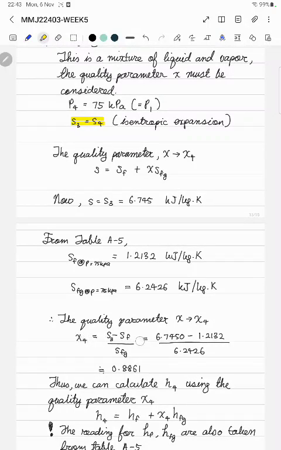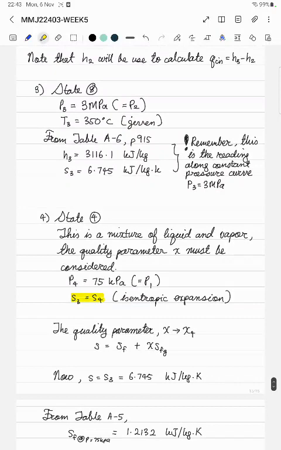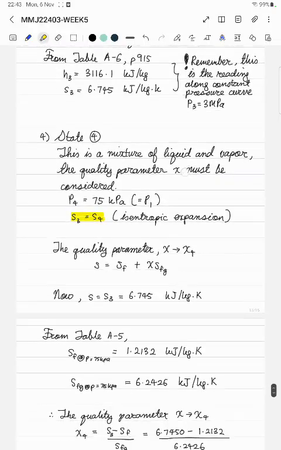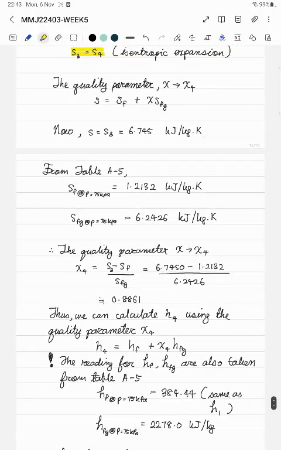So our x4 is calculated from S3, the value of this isentropic entropy. We already got our value S3 from state number 3, that is 6.745. And if you do the math, we get our x4 to be 0.8861, which means it's a percentage of fluid to gas.